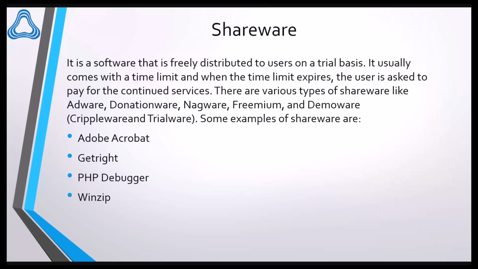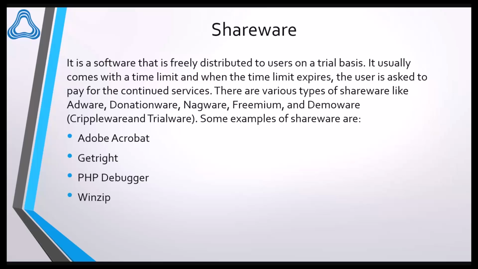There are various types of shareware, like adware, donationware, nagware, freemium, and demoware. Examples of shareware are Adobe Acrobat, that is the premium version, GetRight, PHP Debugger, WinZip, and so on.